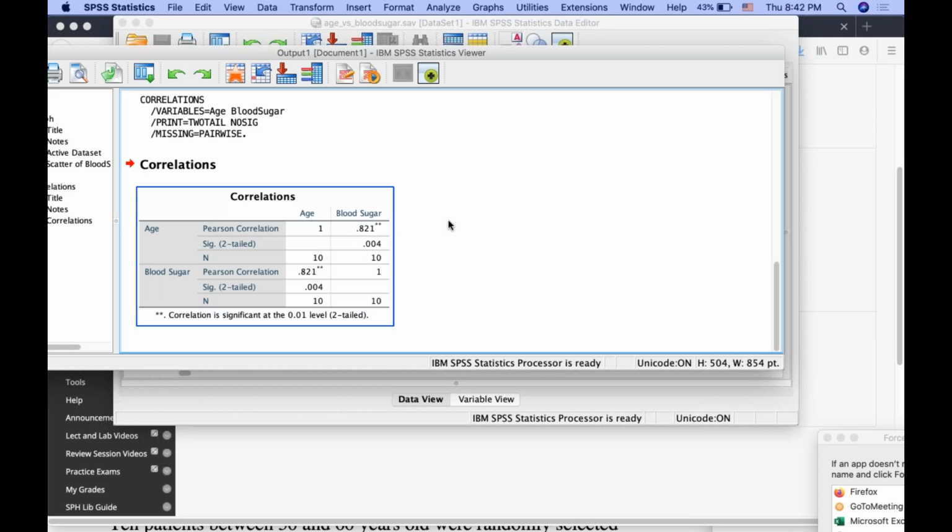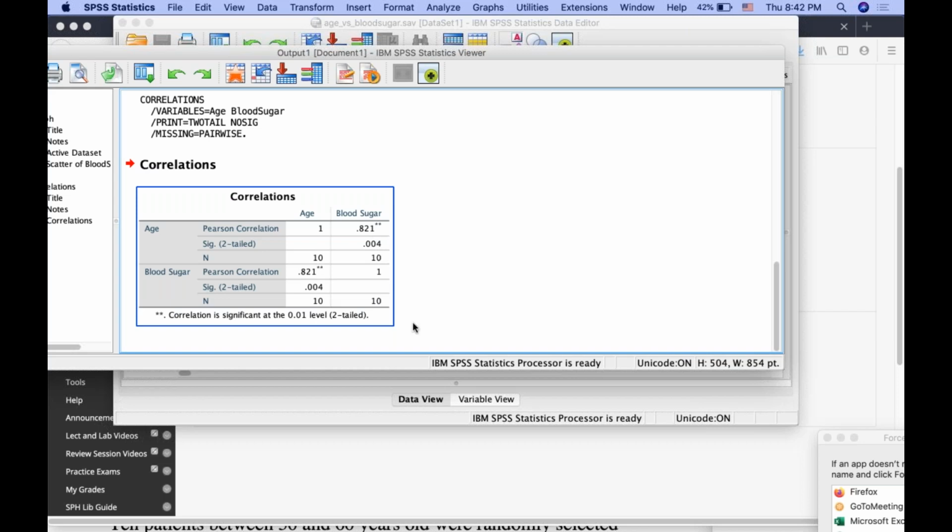And what about if it were the same numbers, except that as age went up, the blood sugar went down? What do you think the correlation would be instead of 0.821? It'd be negative 0.821, right? A negative Pearson's correlation is telling you that it's a negative correlation. As one goes up, the other one goes down. Okay, everybody comfortable with that?